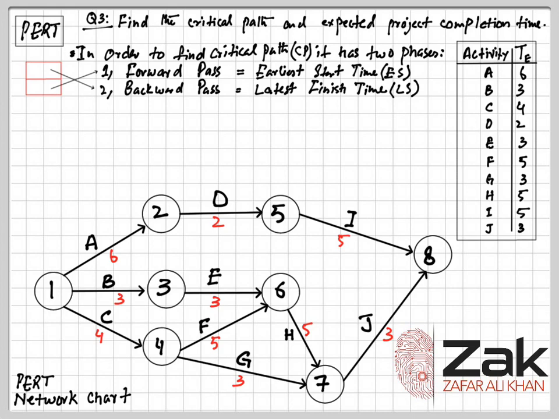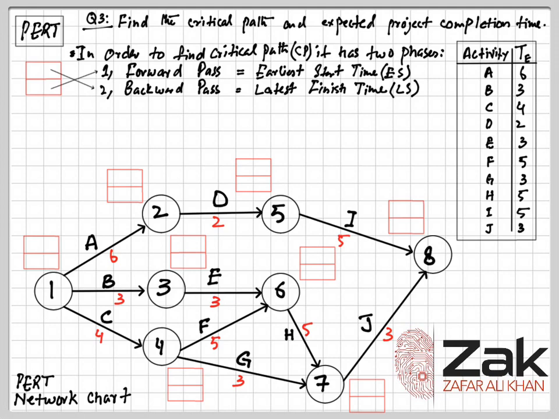We will be using two squares with every node, where the lower square will show the earliest start time and the upper square will show the latest finish time for every node. So we have placed these two boxes alongside every node, and now we need to calculate the earliest start time and latest finish time for every node.